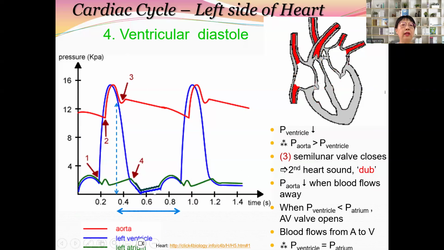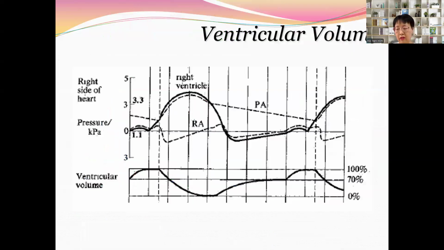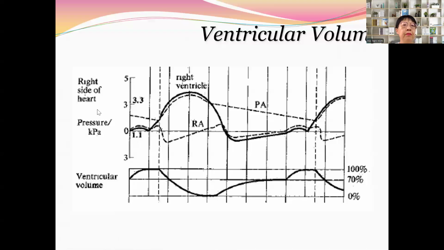So, just now we were describing the graph of the left side of the heart. This graph shows the pressure on the right side of the heart. What is the thickness of the left side of the heart compared to the right side? The left side of the heart is 4 times thicker.